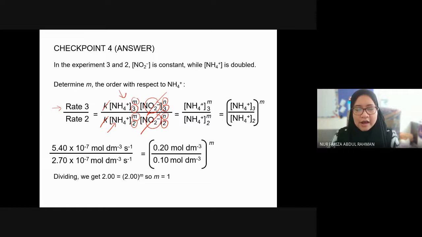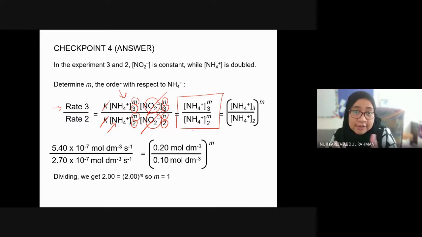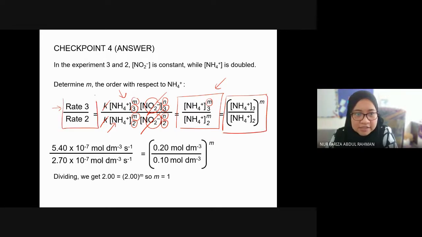Because how do we explain that suddenly the K and the NO2 minus here are now gone? Why are they gone, guys? Because they are all being cancelled out. Okay, and then you are left with this one. When you factorize the m, you will get this one. So we have this, the rate 3 over rate 2 is equal to this one.